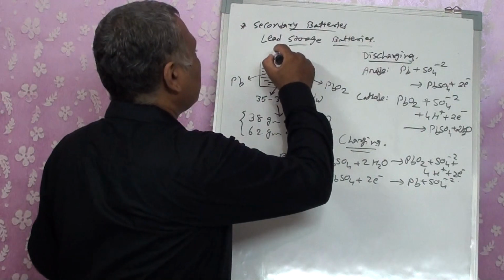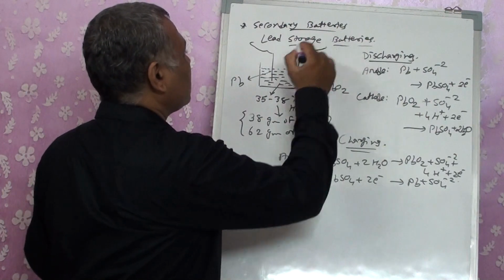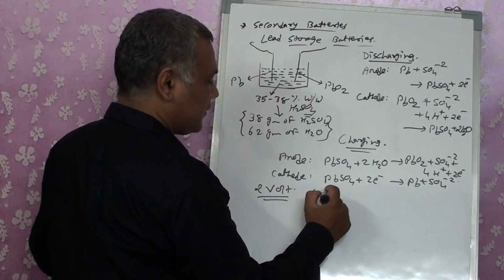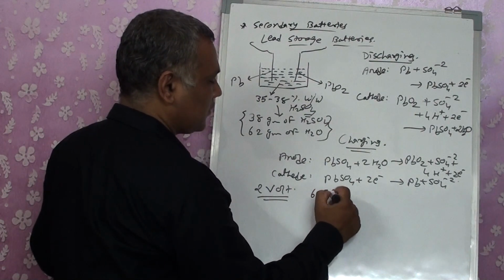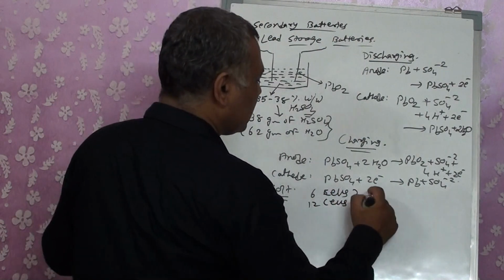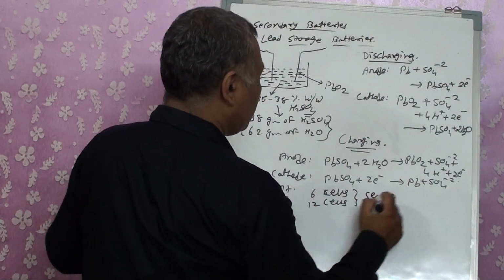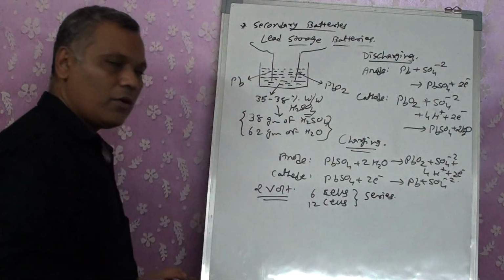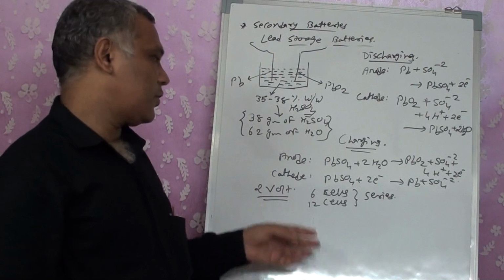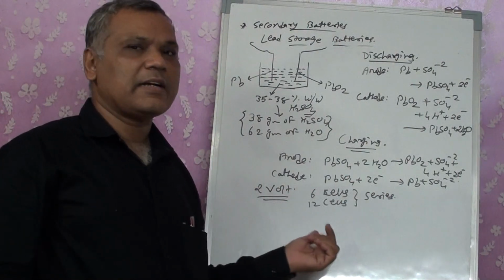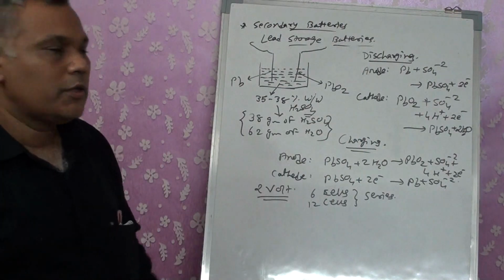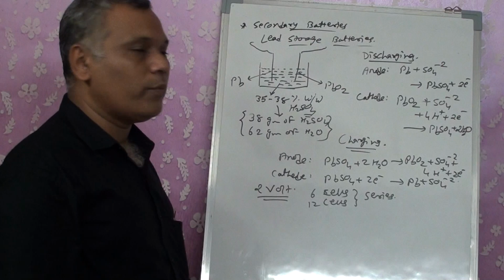Such cells are connected externally, a number of them in series. 6 such cells, 12 cells, when they are connected in series, produce 12 or 24 volt batteries. Right? So depending upon the number of cells connected in series, that much voltage can be produced, and that's why this is a very useful battery.